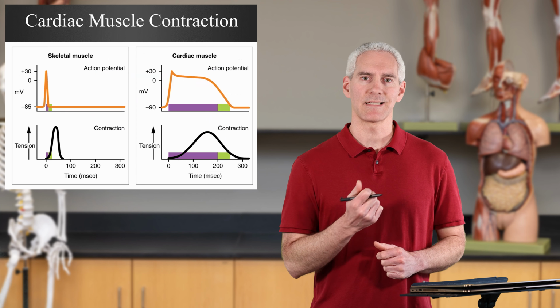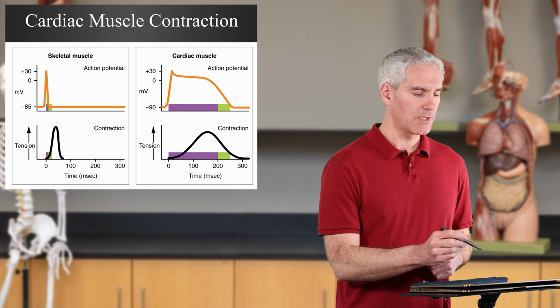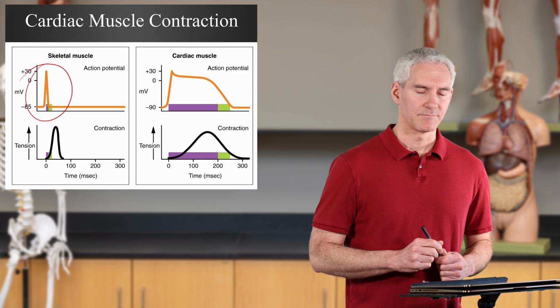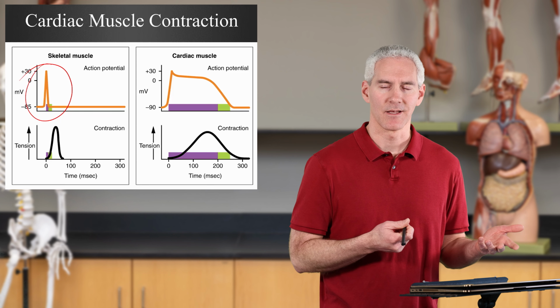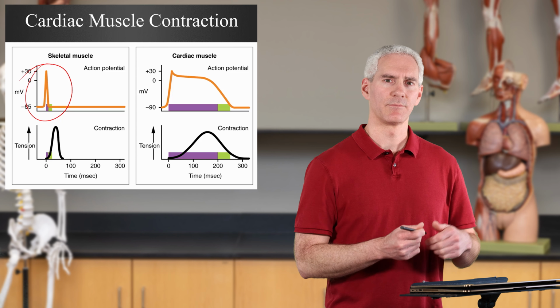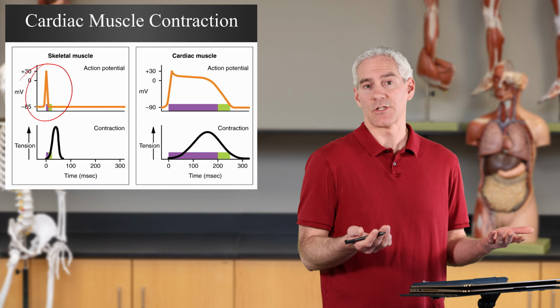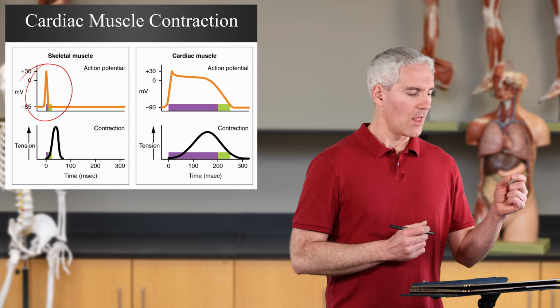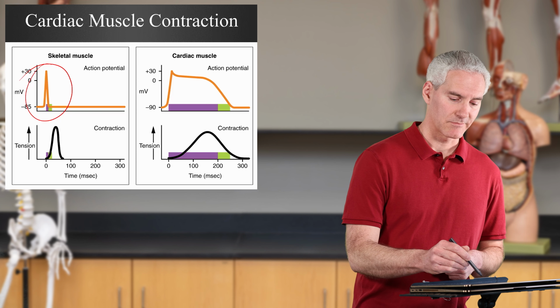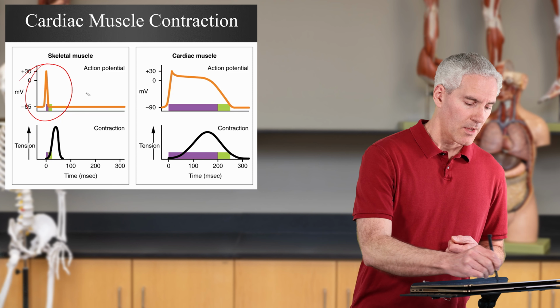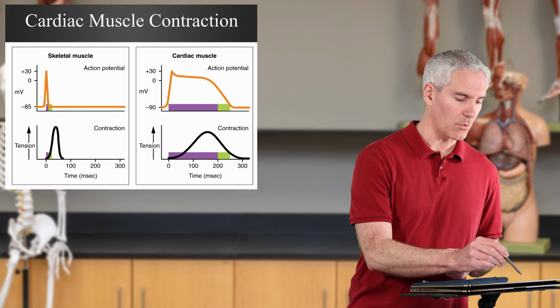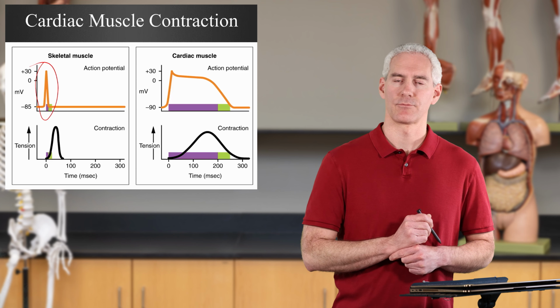So taking a look side-by-side comparison, you'll notice skeletal muscle going from here, jumping up there, starting down at -85 in this case. It really depends on where that skeletal muscle is measured. A lot of times we talk about -70. Then it's jumping up to +30. Cardiac muscle, -90 to +30. You then have a very short absolute and relative refractory in skeletal muscle.